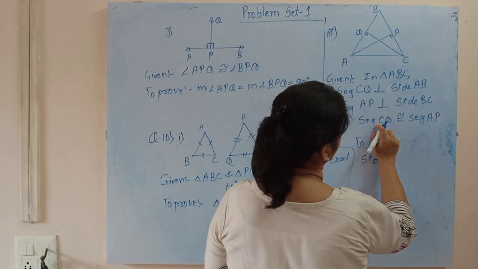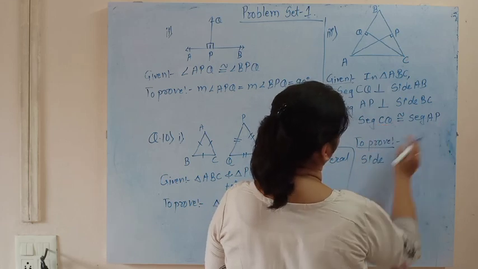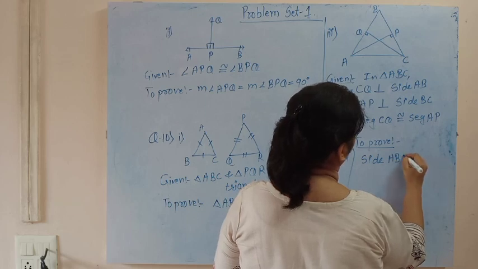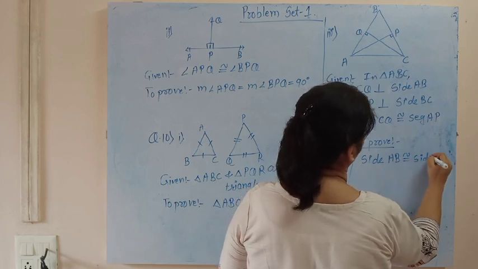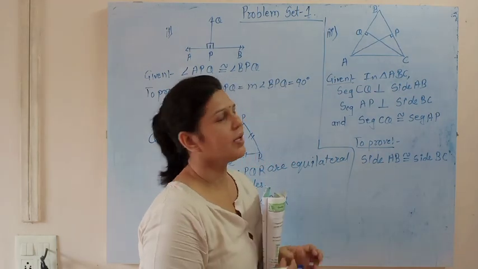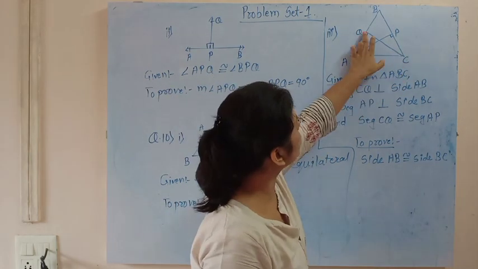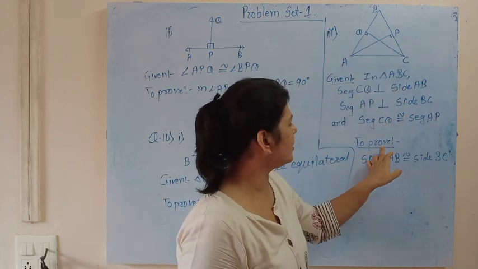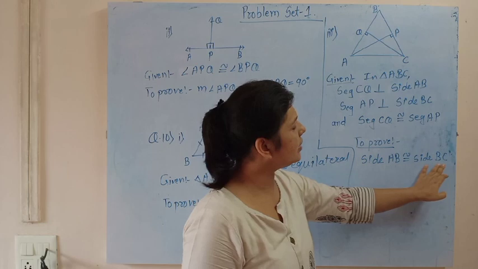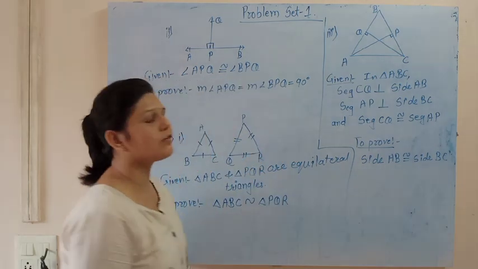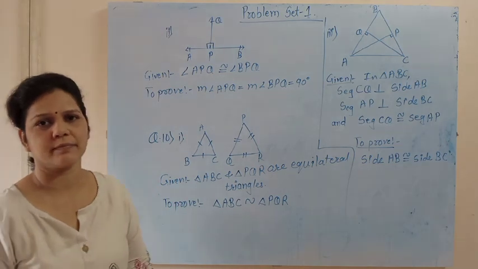What is given? CQ congruent to AP. Now we have to prove side AB congruent to side BC. This is what we have to prove. That means these altitudes are congruent, so CQ congruent to AP, and to prove AB congruent to BC. Okay. So here we have completed problem set 1.